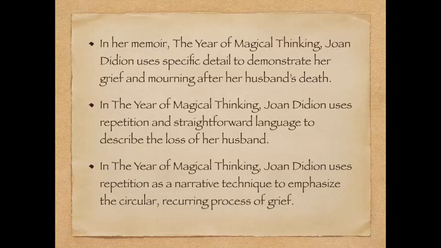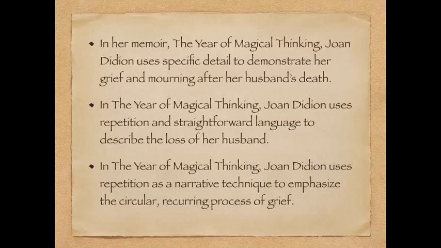That final part of the sentence, to demonstrate her grief and mourning after her husband's death, is the argument the whole paper is making. So that paper's trajectory is focused on specific detail within that text and how that detail illustrates mourning and grief.